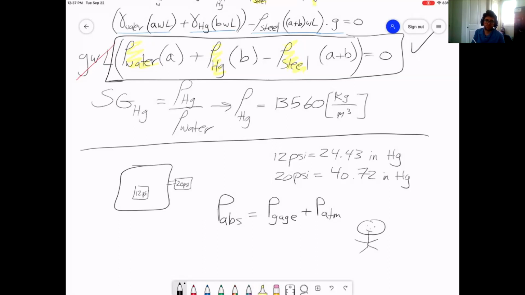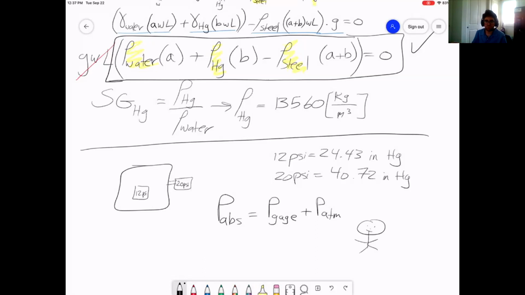I'm at sea level, let's assume perfect conditions, no hurricanes, nothing. Then you'd add 14.7, right? So I would tell you my absolute pressure in my tire will be 50.7 psi.